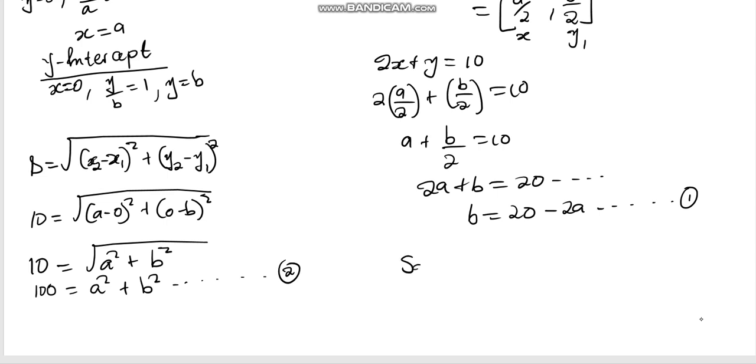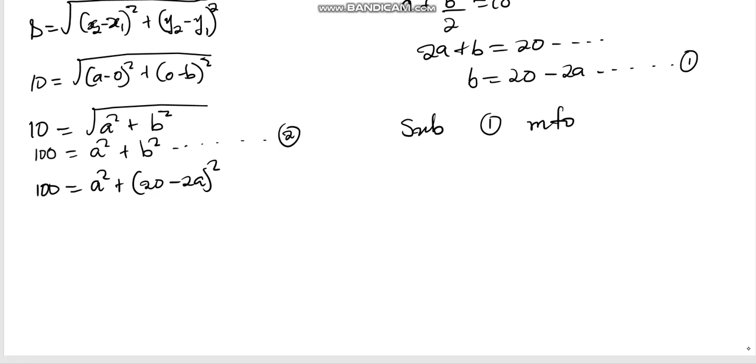Now if you substitute 1 into 2, for us to solve this value here, we're simply going to have 100 is equal to a squared plus (20 minus 2a) squared, like this here.